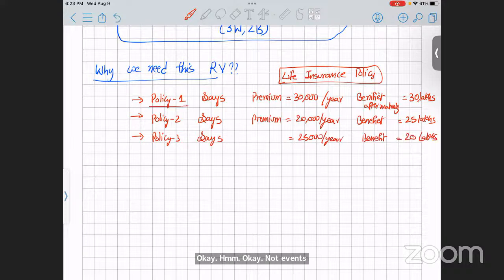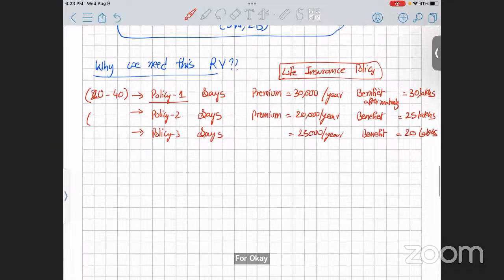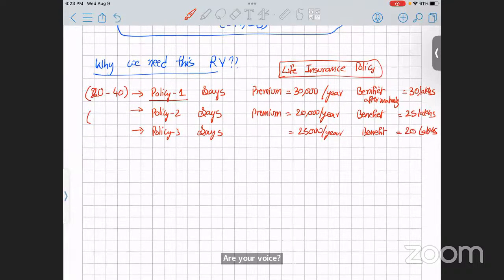Here, this policy one is only given to 40, 46, and this policy is only given to, hello, are you able to hear me now? It's still lagging. The voice is breaking.